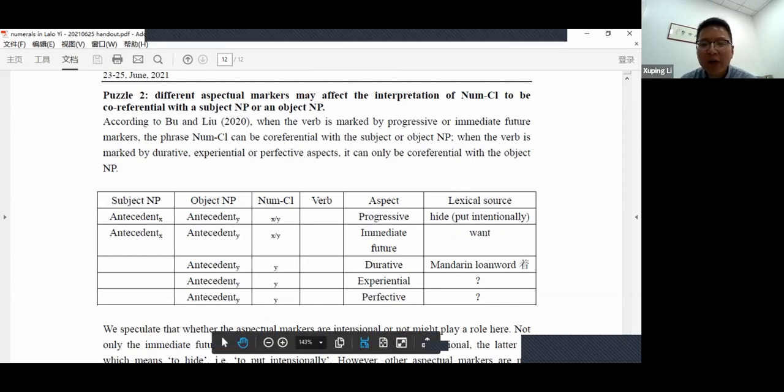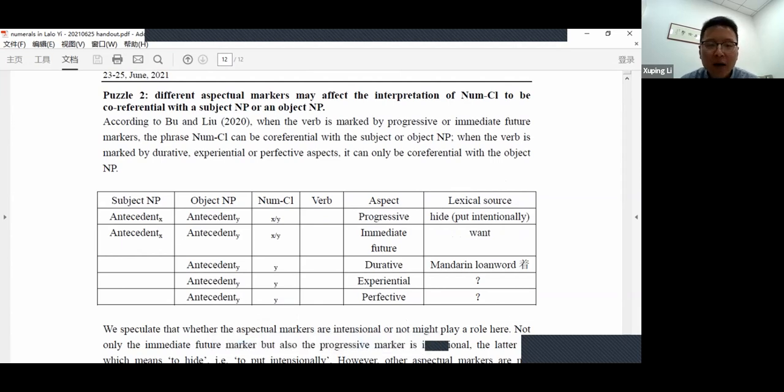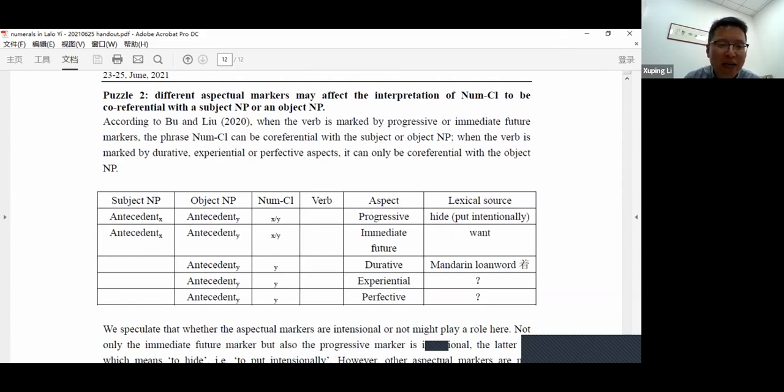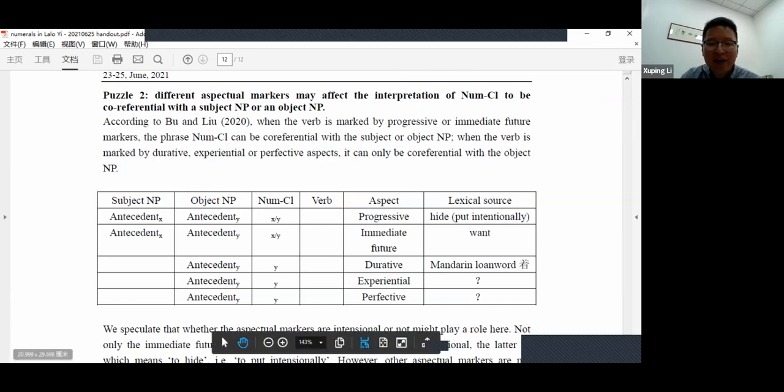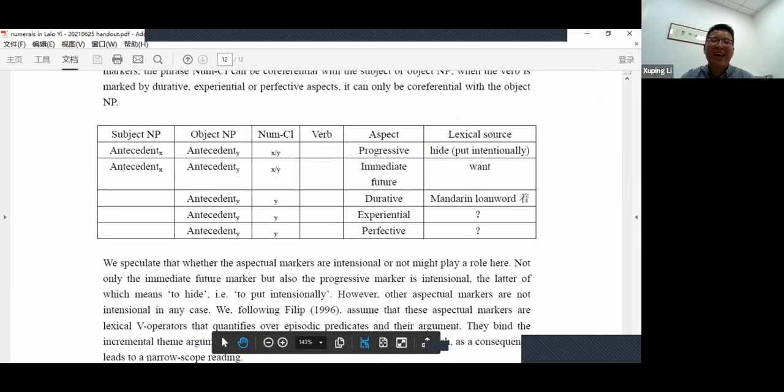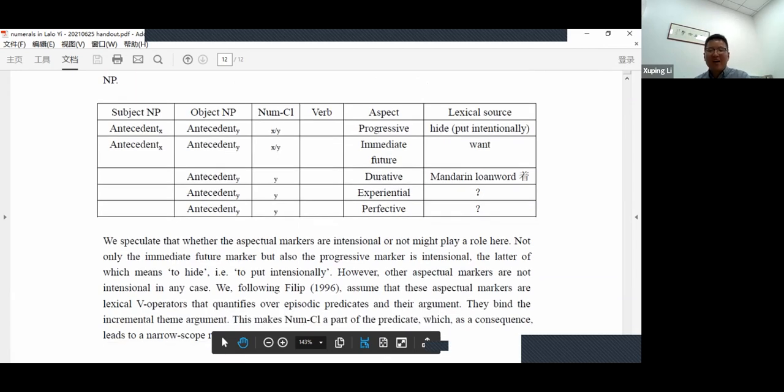If the aspect is progressive or immediate future, the nomenclature can be co-referential with either the subject NP or the object NP. But for durative, experiential, or perfective, once the verb is aspectually marked by such markers, the nomenclature can only have the object NP as its antecedent. I don't know why this correlation is so complicated.